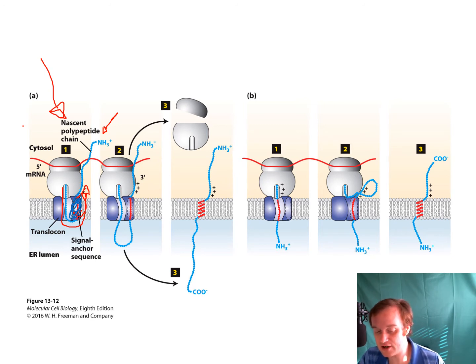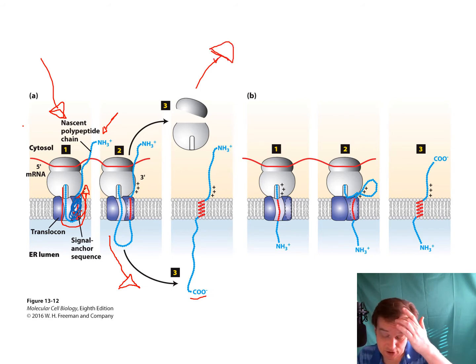So once that occurs, then that anchors in place, and the rest of the peptide as it's being translated will end up being extruded into the ER lumen. And once we get to the C-terminus, the ribosome will break off. It has nothing left to translate, and we have our protein that spans the membrane.